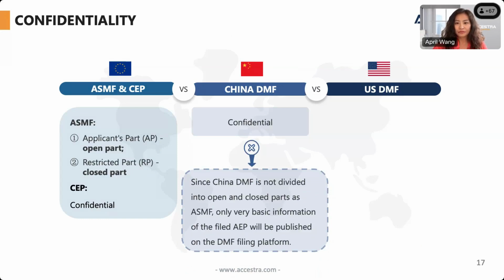For China DMF, only basic information is displayed on the CDE DMF platform. And it's very common for the distributor in China to register on your behalf, but this is not recommended. So to avoid disclosing unnecessary confidential data, it's suggested to appoint an independent agent to help file your DMF. For the US, the information is confidentially submitted and reviewed by US FDA.